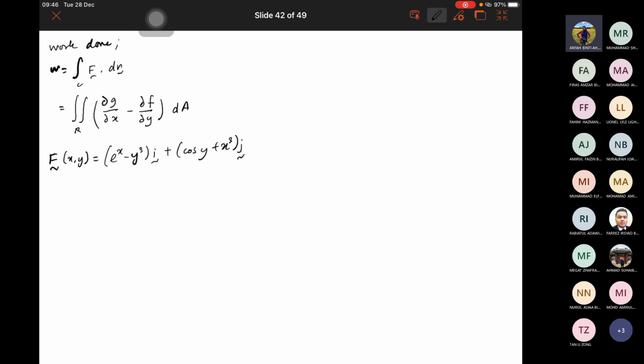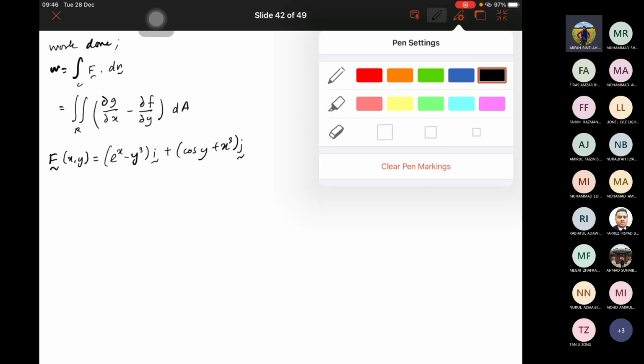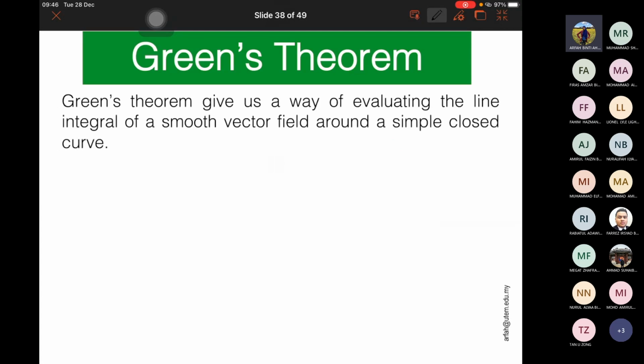So daripada sini yang ini adalah F awak, F(x, y) i. So kita tengok balik kepada this one.